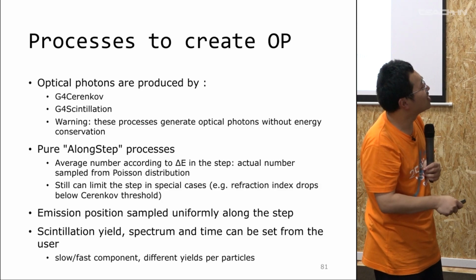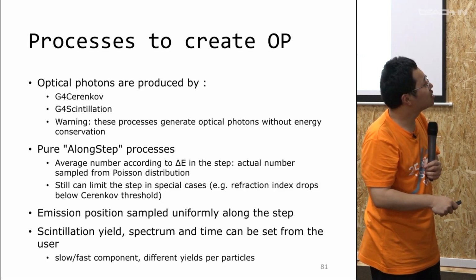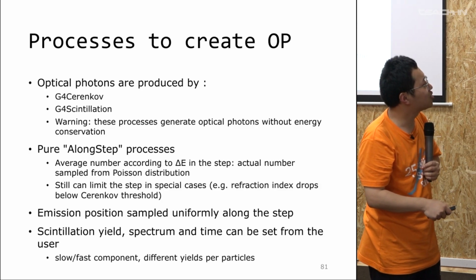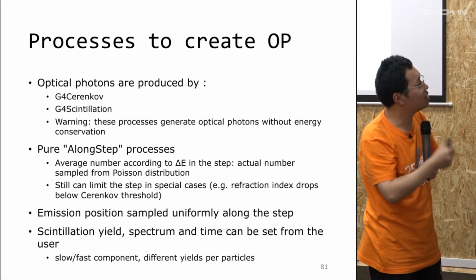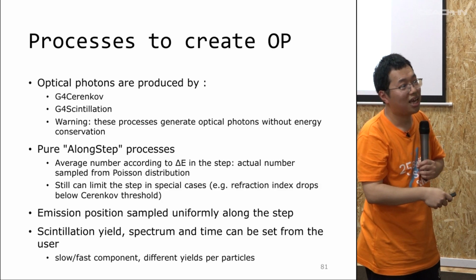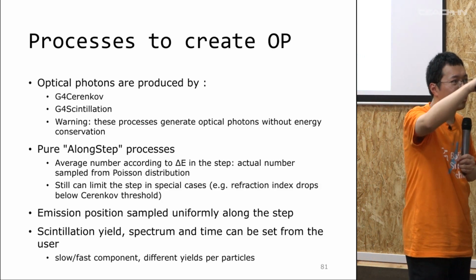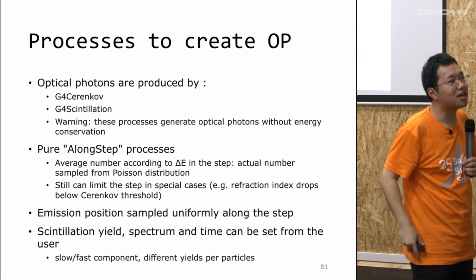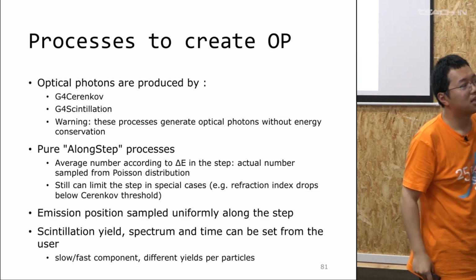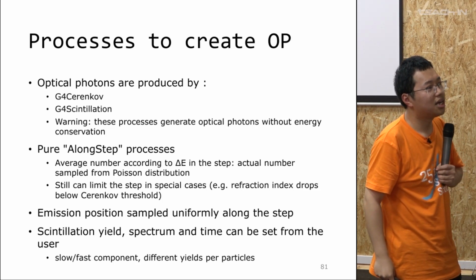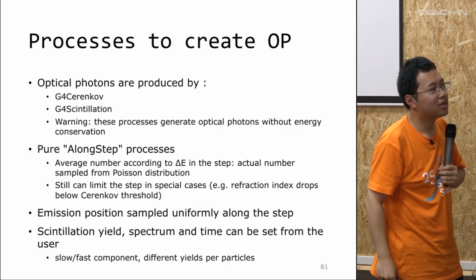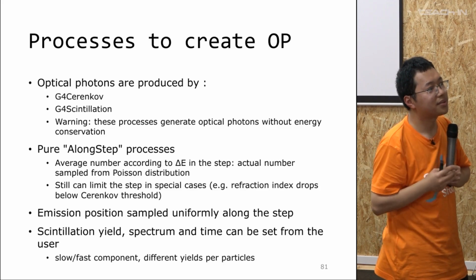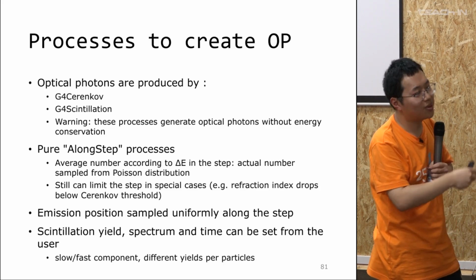First is scintillation. The scintillation calculation follows Birks' law. When you have the deposited energy, Birks' law describes how many photons are produced. They are all calculated from the energy deposit data.